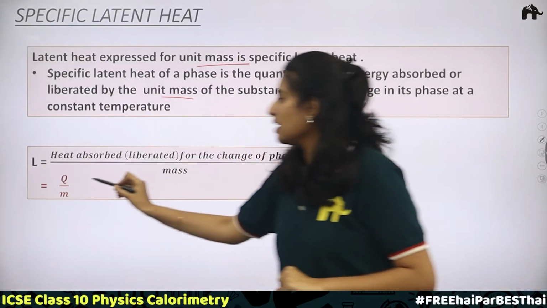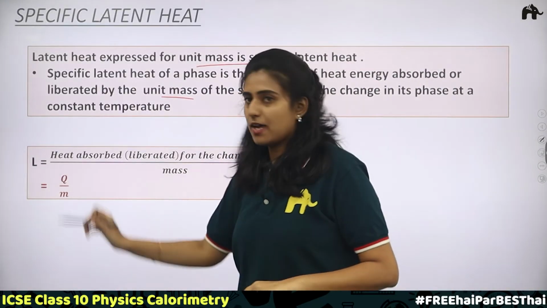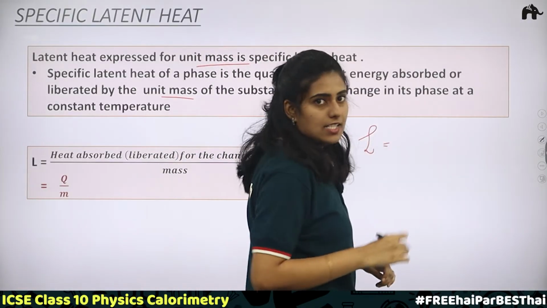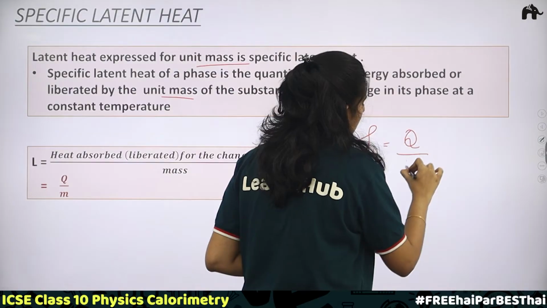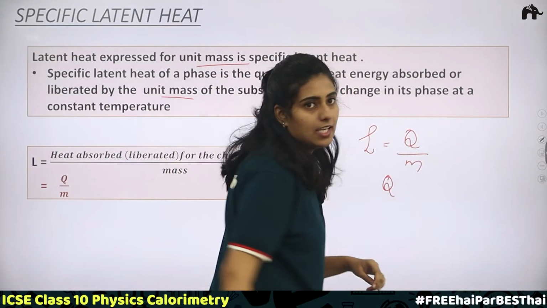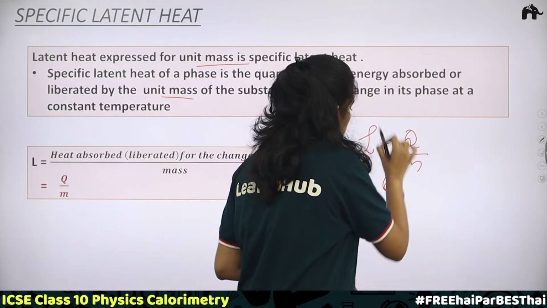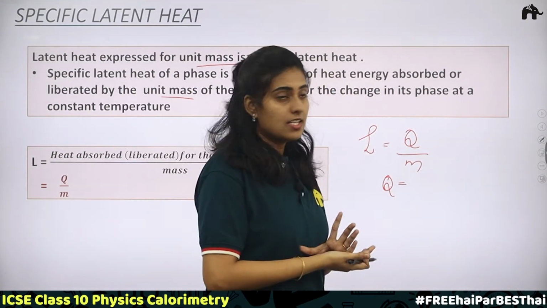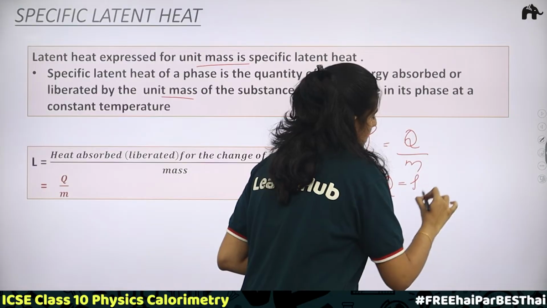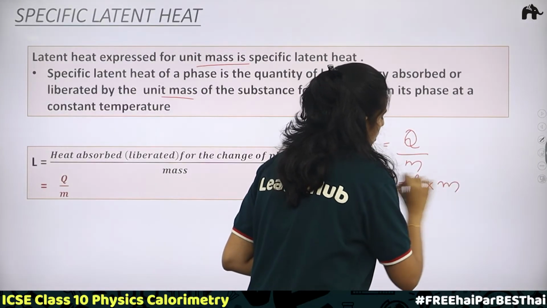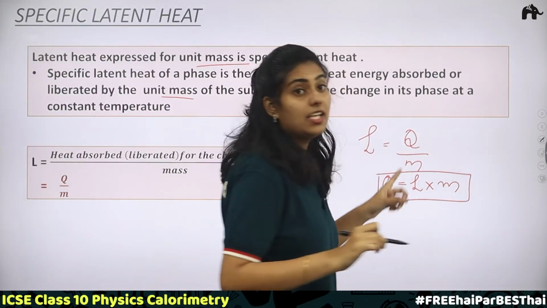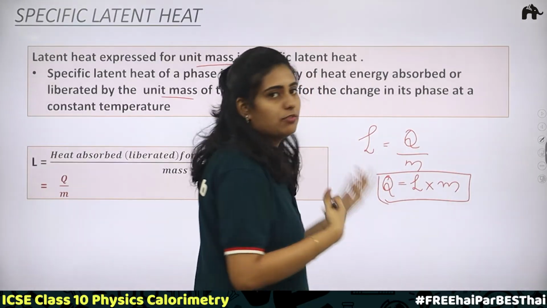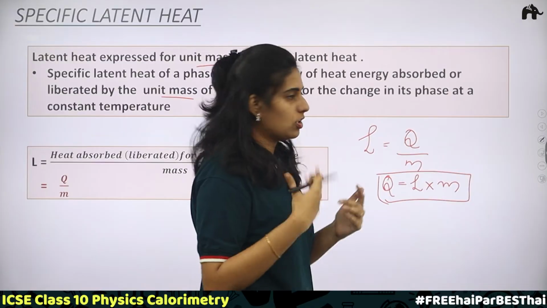Heat energy we represent by the letter Q and mass by M. Then specific latent heat L is equal to Q divided by M. Or if you are asked to find the heat energy required, if you know the specific latent heat, which is a constant for a given substance, then Q equals specific latent heat into the mass of the substance. When you do this, you will get the heat energy that is absorbed or liberated to make a change from solid to liquid, whatever it is.